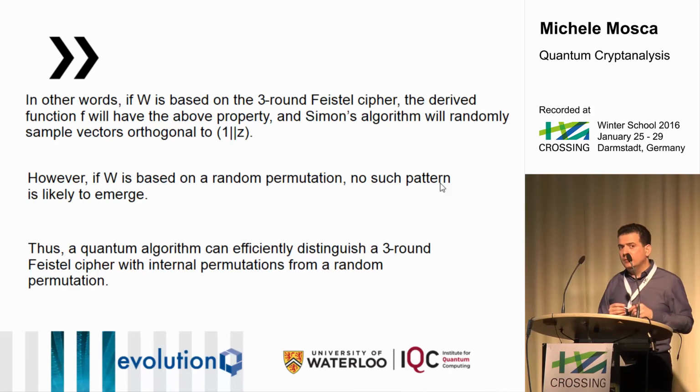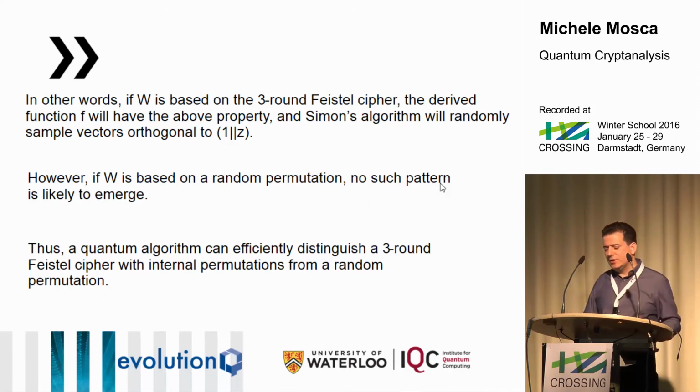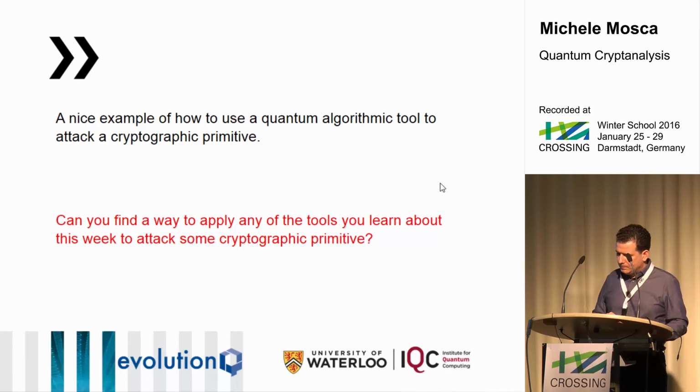So the quantum algorithm, if you have quantum access to this permutation, can distinguish with exponentially high probability whether you have a 3-round Feistel cipher with internal permutations or a random permutation. And classically, it was known you need exponentially many queries to do that distinguishing. So that's a really neat application of Simon's algorithm that I hadn't seen.